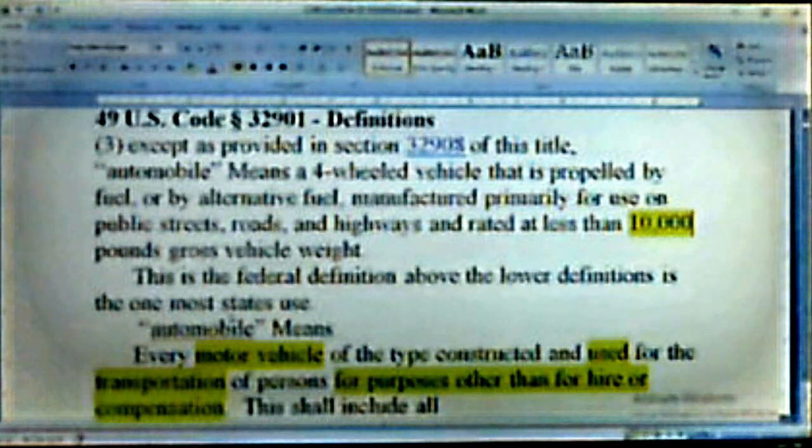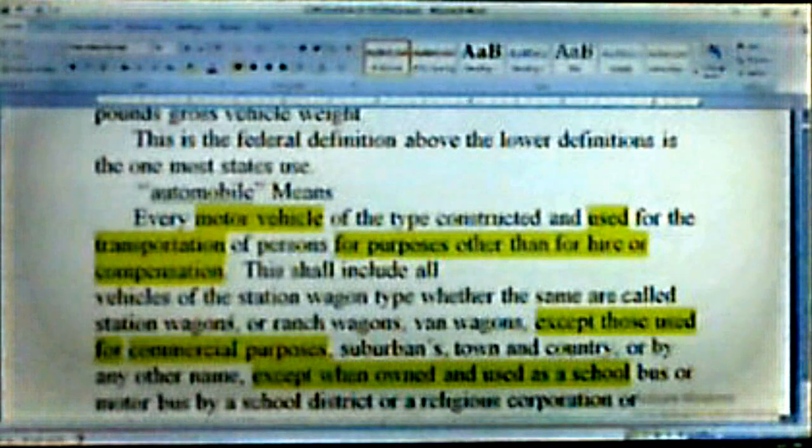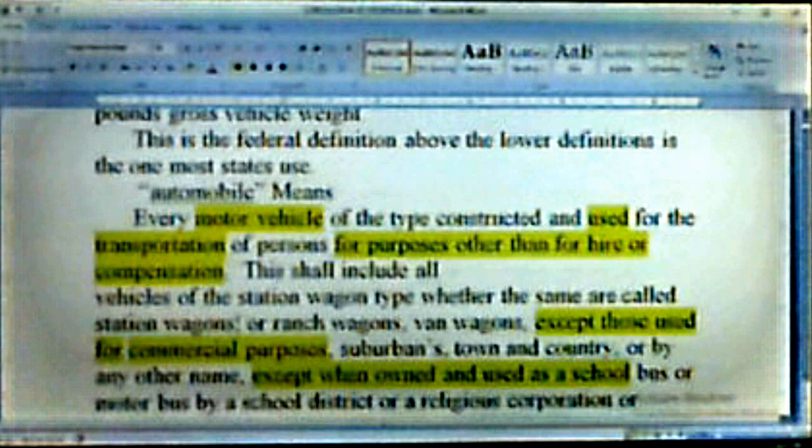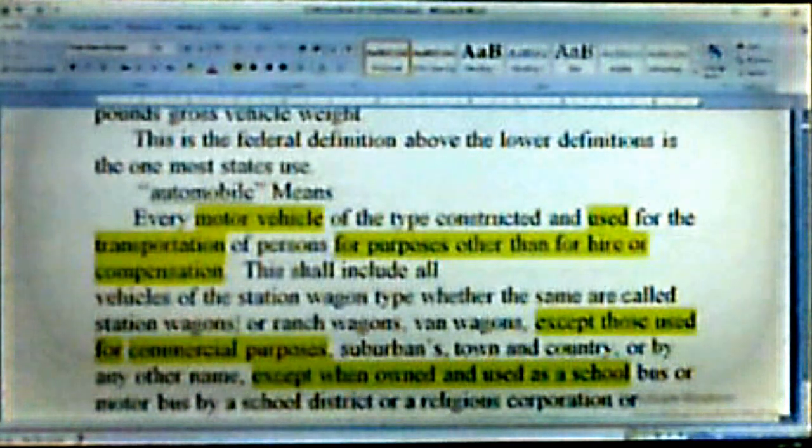Okay? The definition you're going to find in most states, I didn't put a general definition for any one state here because so many of them are vague in their description. Okay? And it says every motor vehicle of a type constructed and used for the transportations of persons for purposes other than for hire or compensation.